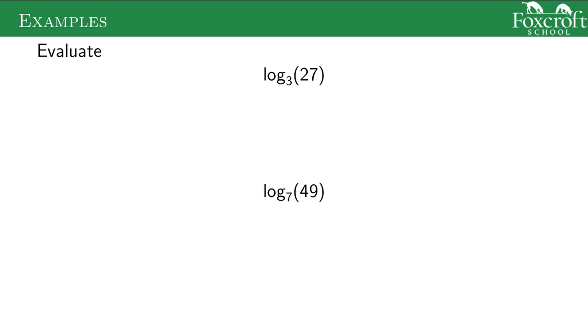Next, log base 3 of 27, so we're still working with our base 3. But 3 raised to what exponent is going to be 27? I actually just mentioned when I was going over the previous slide, 3 squared is 9, 3 cubed is 27. So my answer is the exponent 3 that I put on 3 to get 27.